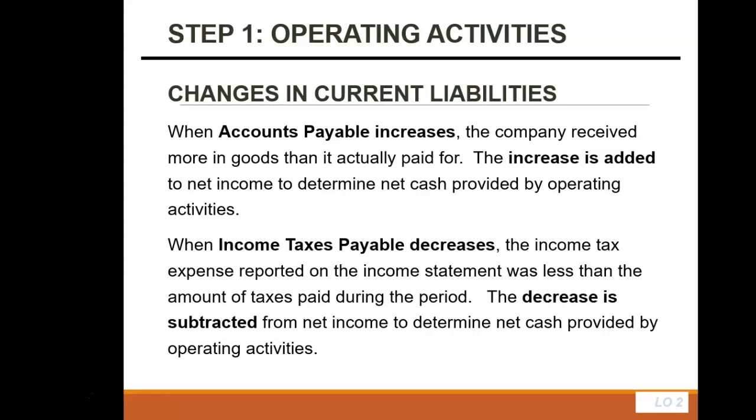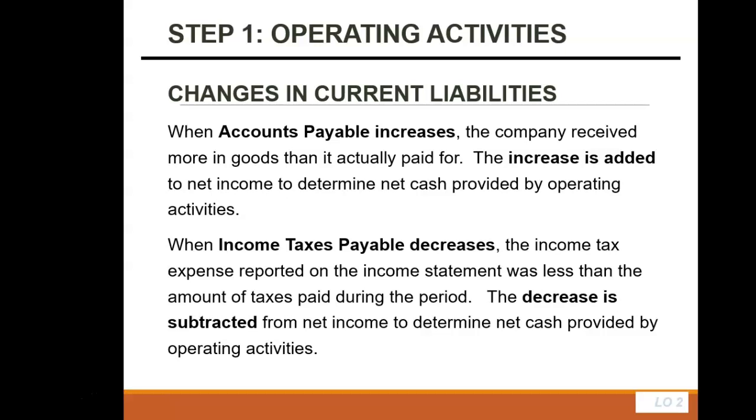Think about your income taxes. If I haven't paid all of my income taxes, you would debit income tax expense and credit income tax payable. The payable account will only increase if the amount of cash paid for the expenses was less than the actual amount of the expense.